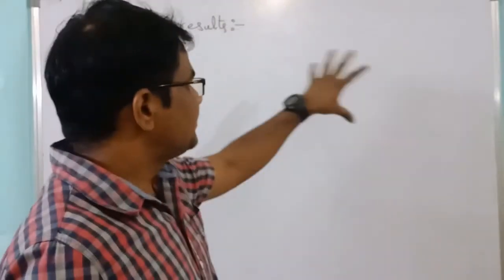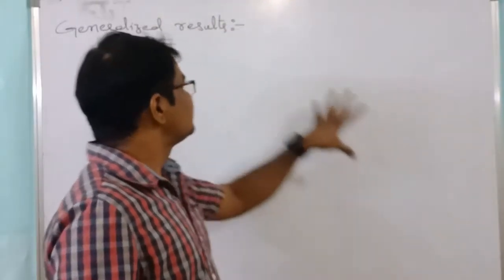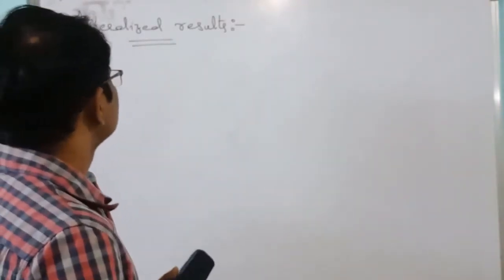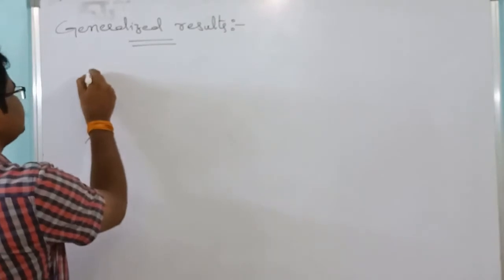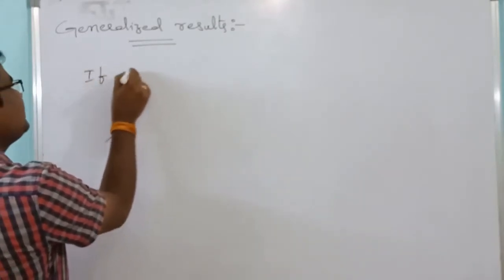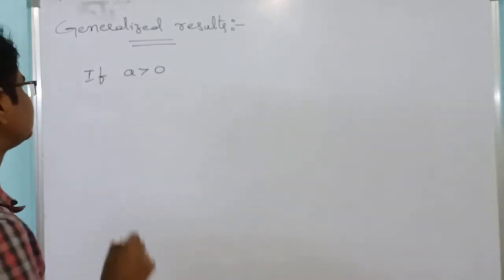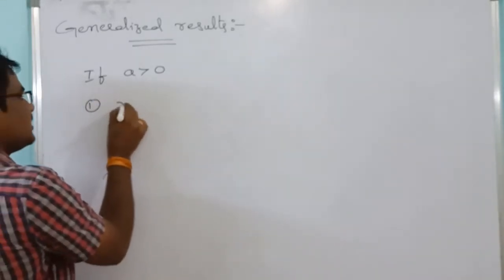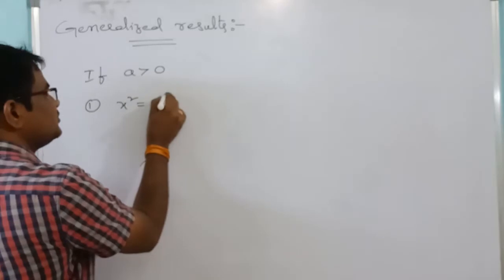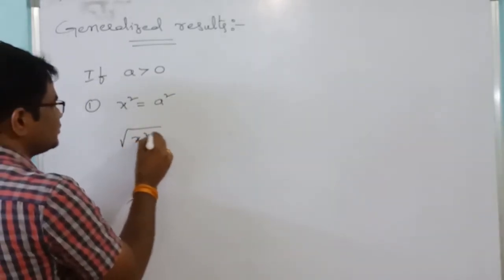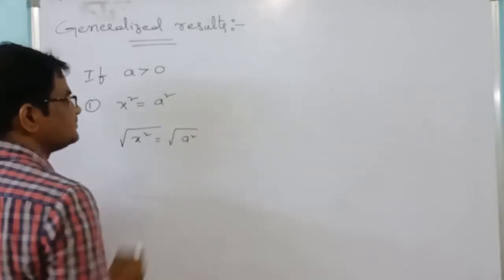Now let's generalize the previous problems. The first one: if you take a greater than 0 and x square equal to a square, take root on both sides.